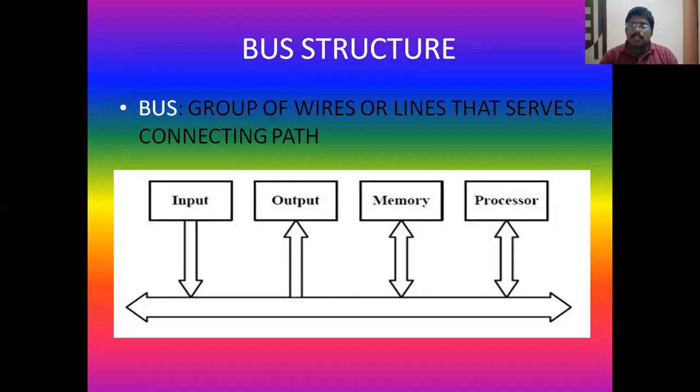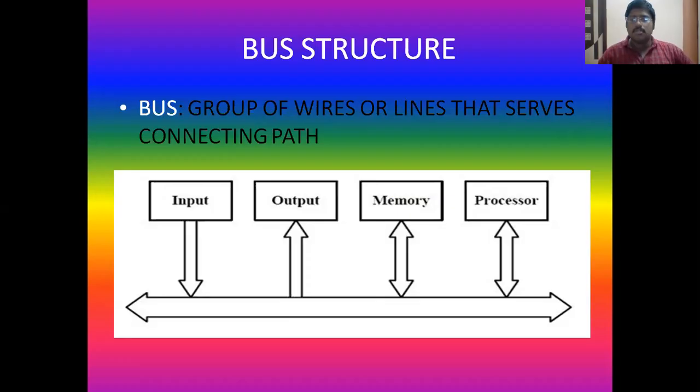Address bus will transmit the address. Data bus will send information from one place to another place. Control bus is used to control the operations performed by our CPU. That means we control the speed of the operation. So it is referred to as a control bus.